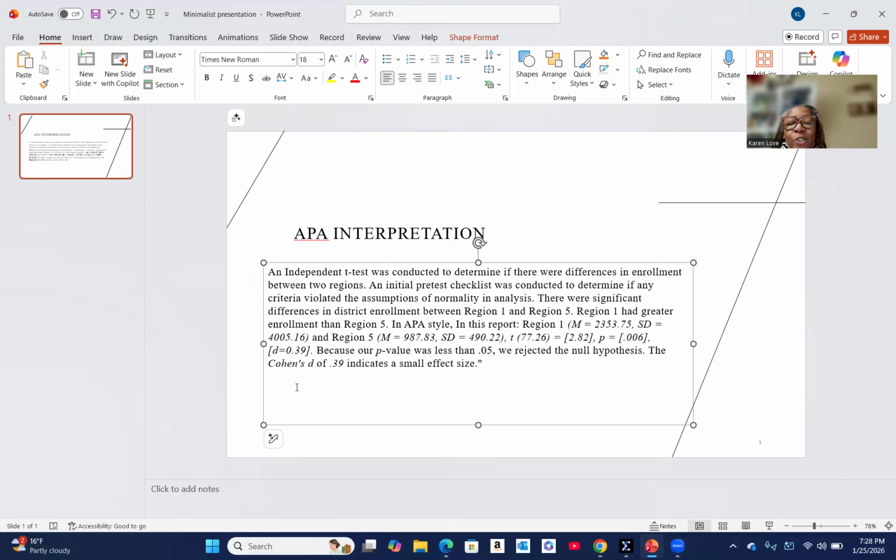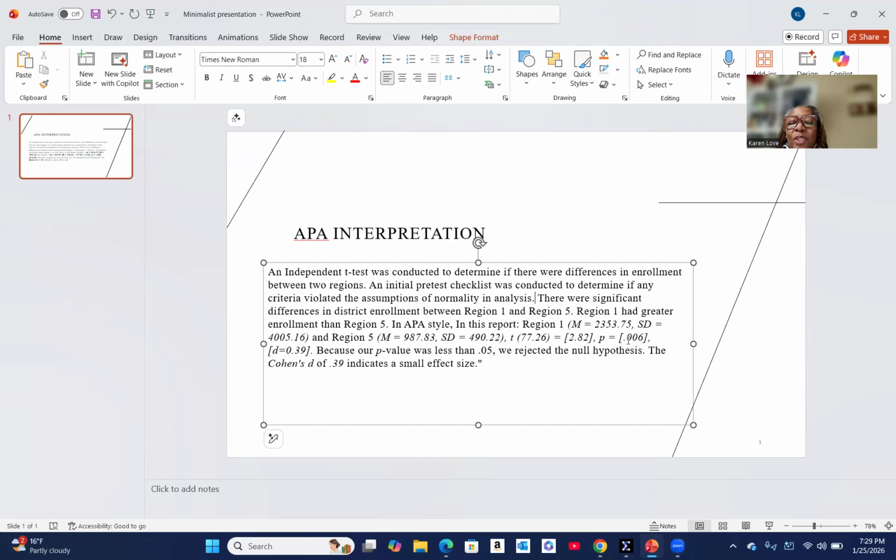In APA style, in this report, Region 1 had a mean of 2,353.75 and a standard deviation of 4,005.16, and Region 5 had a mean of 987.83 and a standard deviation of 490.22, with a t-value of 2.82 and degrees of freedom at 77.26.